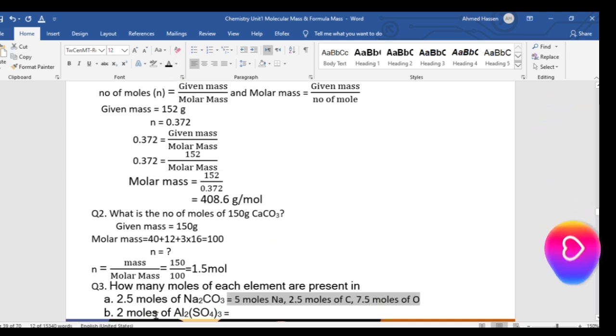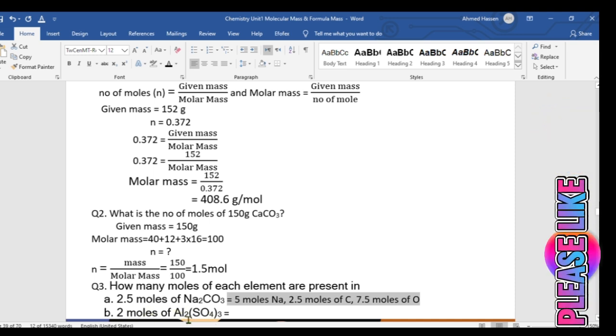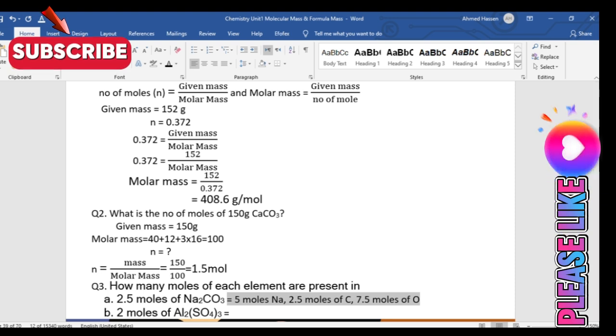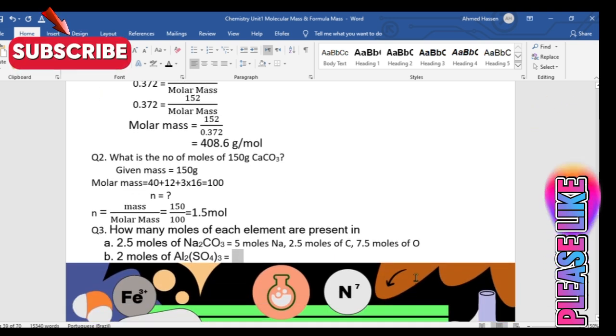Okay, here there are 2 moles of aluminum sulfate, and 2 times 2 is 4 moles of aluminum, and inside, sulfur is 1, as outside is 3. Therefore 2 times 3 is 6 moles of sulfur, and oxygen 2 times 3 is 6, 6 times 4 is 24 moles of oxygen, which will be the answer of the question.